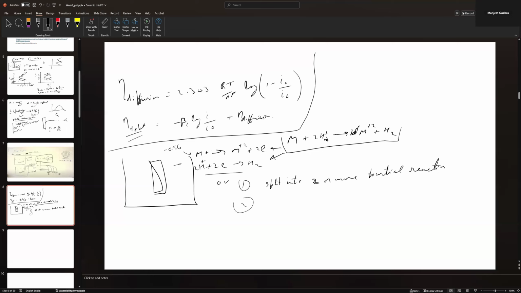Second is there's no accumulation of charge. By this, it means that suppose you have only one reaction taking place, which is metal becoming metal plus 2 plus 2 electrons.